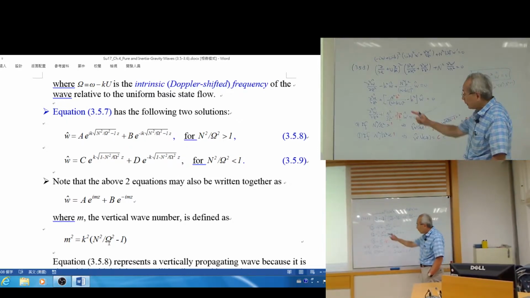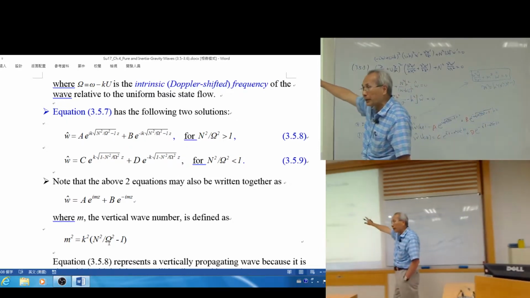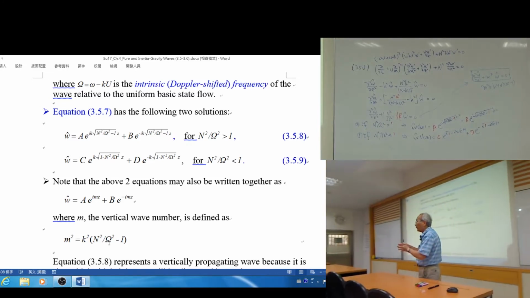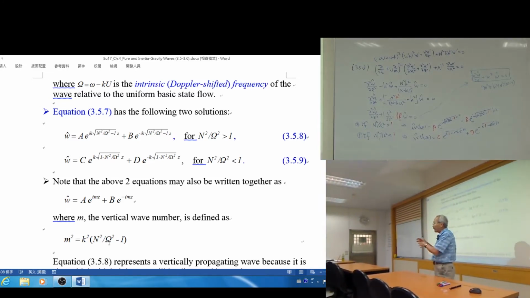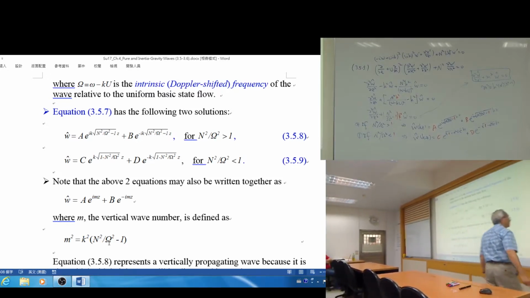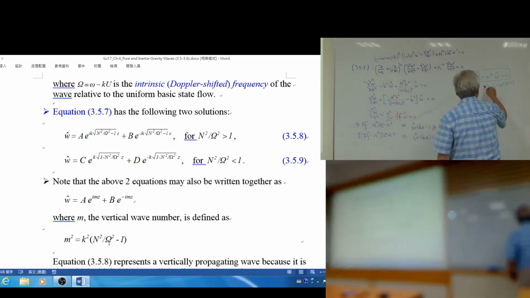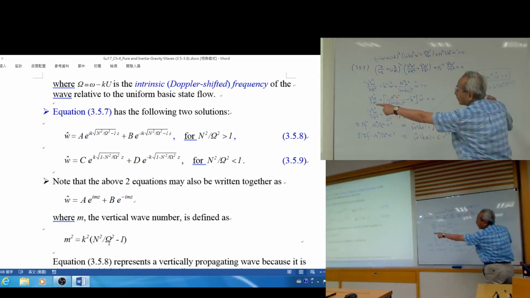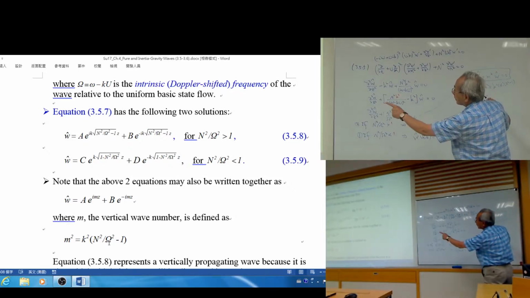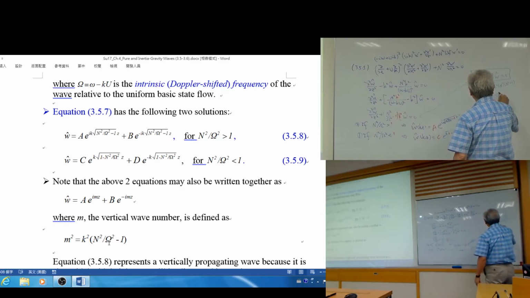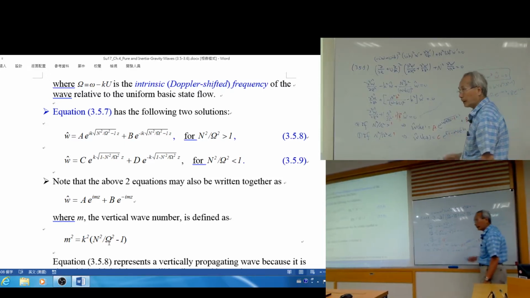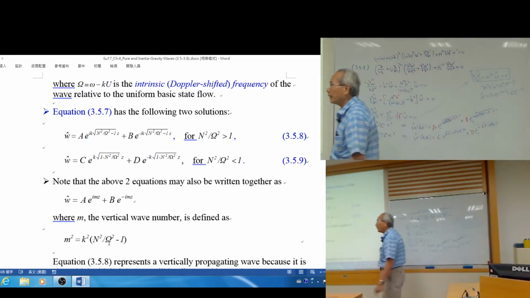But I purposely write it this way to make it very clear that in physics, in the physical mechanisms, we have different regimes. A mathematician would simply write this way and get the solution, omega equals A e to the i m z plus B e to the minus i m z.